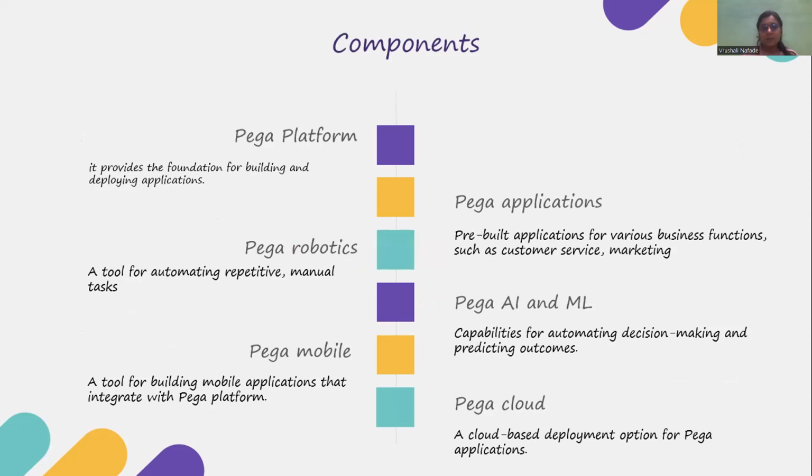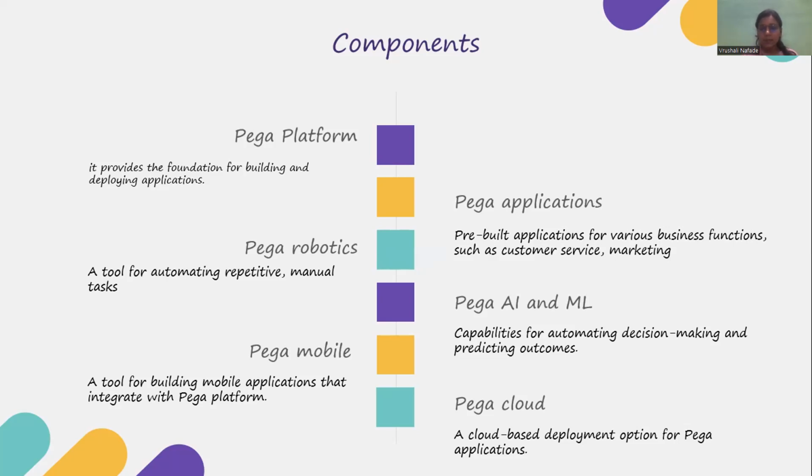So let's see some of the components of PEGA. First is the PEGA platform. It provides a foundation for building and deploying applications. Second is PEGA application. It is a pre-built application for various business functions such as customer service and marketing. Third is PEGA robotics, a tool for automating repetitive manual tasks.